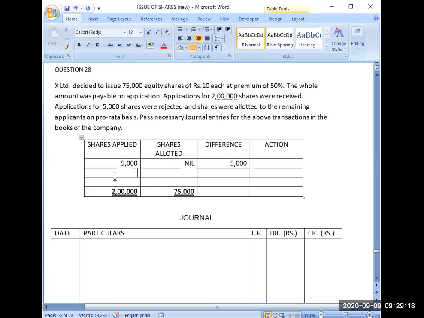So I can clearly see in this table 2 lakh minus 5,000, the way you were doing the ledger balancing. It will be 1,95,000. So this information is missing in this question, which I will be able to calculate only and only with the help of this table if I follow this procedure strictly. Got it?